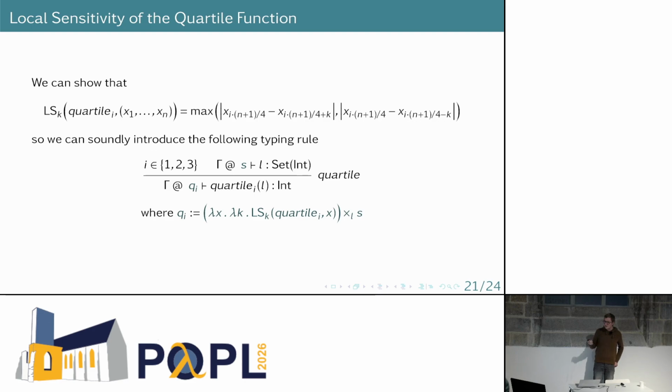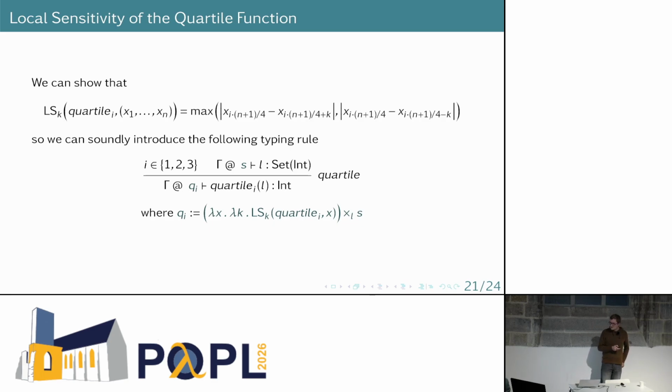It is already well known that you can give this formula for the local sensitivity of the quartile, and consequently you can add a corresponding typing rule in the system. So here it is.